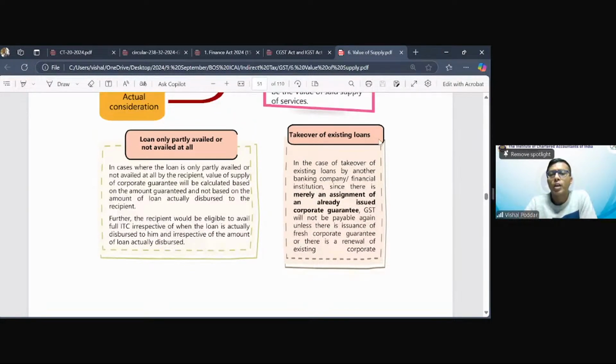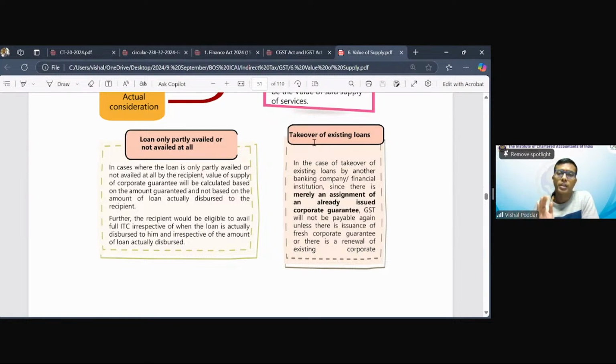Next is takeover of existing loans. What is this? Already there was a loan with ICICI Bank. Now I want to switch this to SBI Bank. This is what takeover is. In this case, the guarantee with ICICI Bank will automatically get cancelled, and a new guarantee will get opened with SBI Bank.